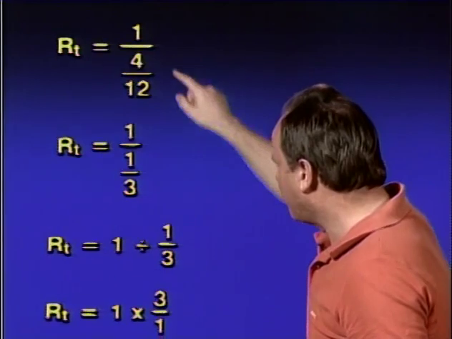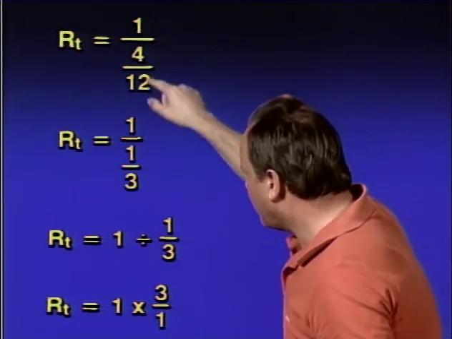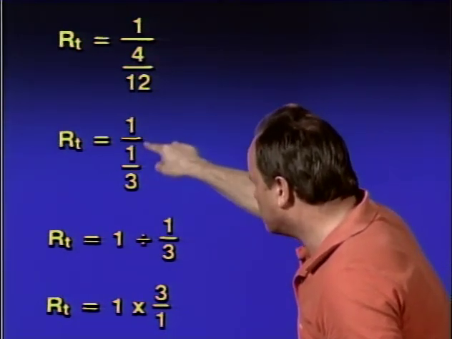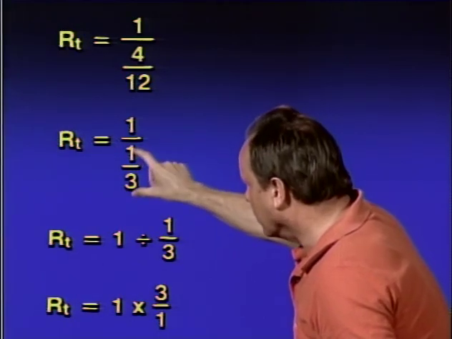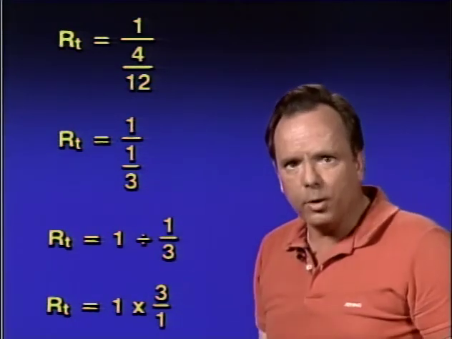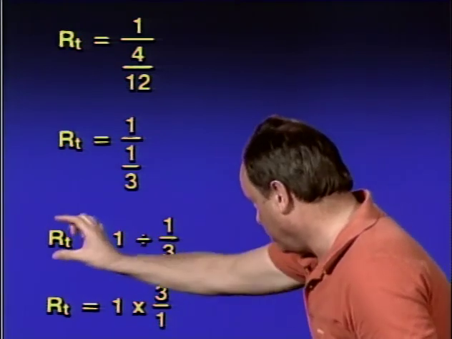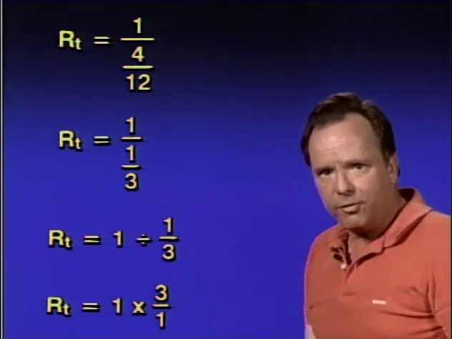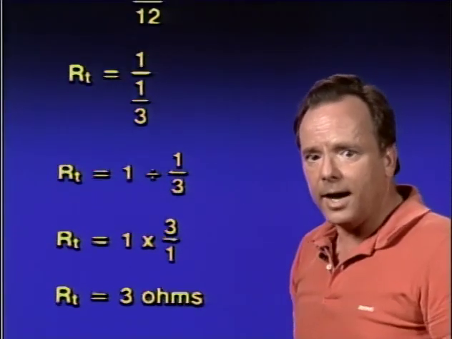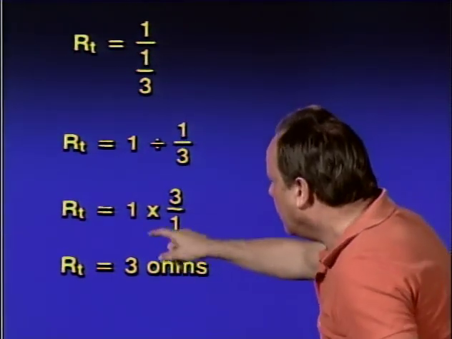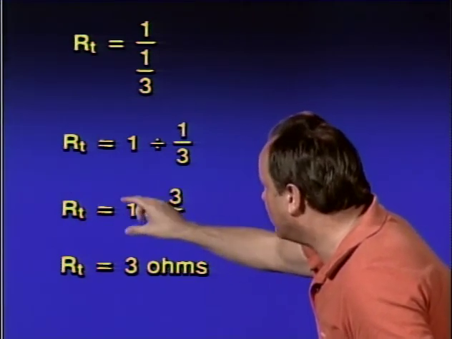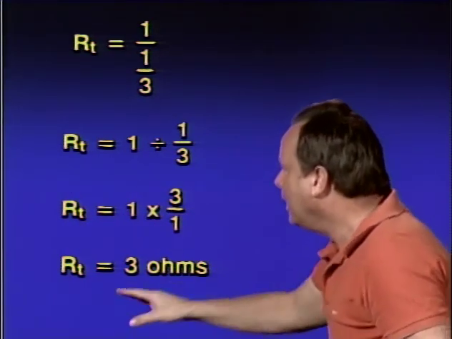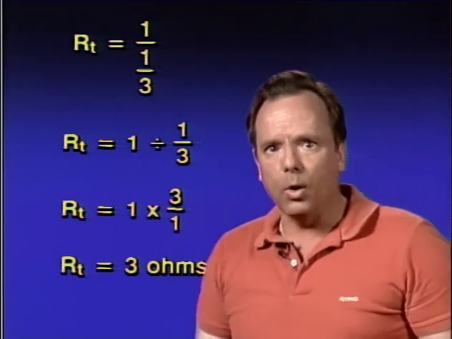And 1 over 4 divided by 12, well, 4 divided by 12 is 1/3, so now it becomes 1 over 1/3. Now, another way to express 1 over 1/3 would be the total resistance is equal to 1 divided by 1/3. And if you want to get rid of that division sign, all you have to do is flip-flop these two, and the total resistance becomes 1 times 3 over 1, and the total resistance is 3 ohms.